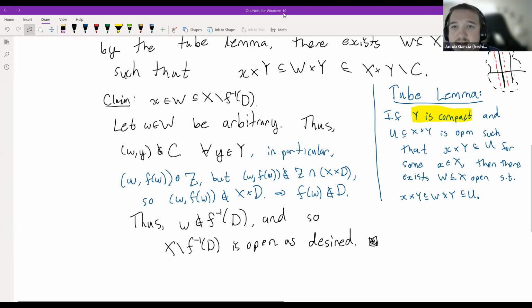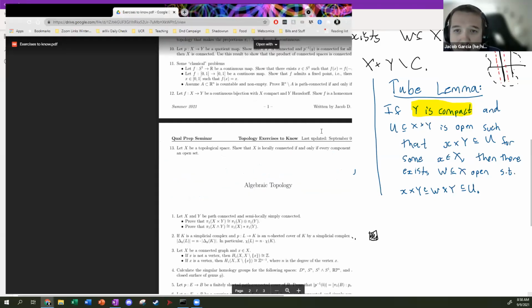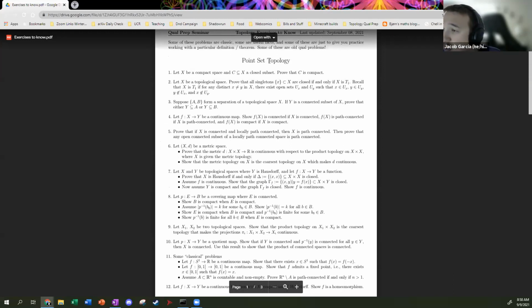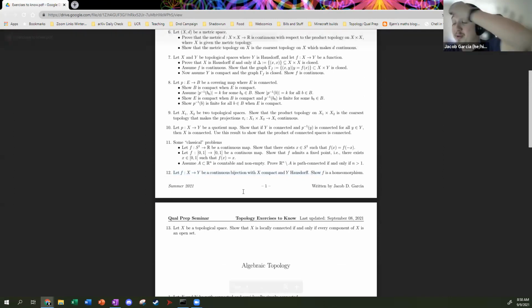By the way, I did update the exercises to know document, just with 2 exercises, both in part A, the points and topology part. This first one here that I added is 12. We've talked about this one a lot in our discussion, right? If you have a continuous bijection from a compact set to a Hausdorff set, then you actually have a homeomorphism, right?